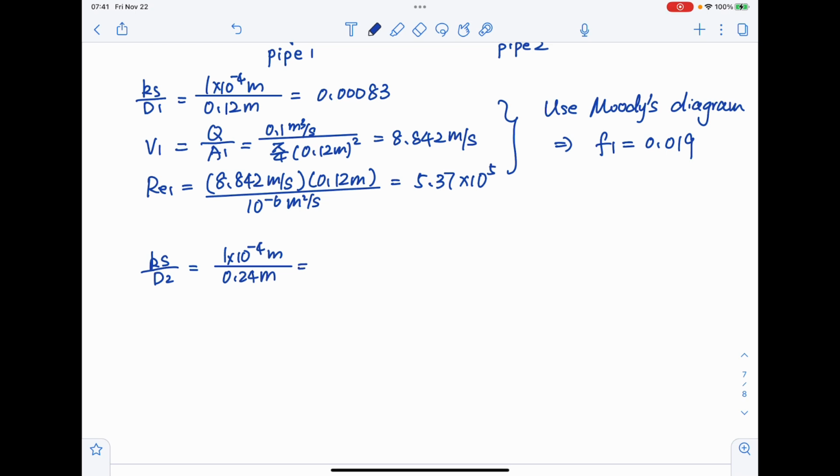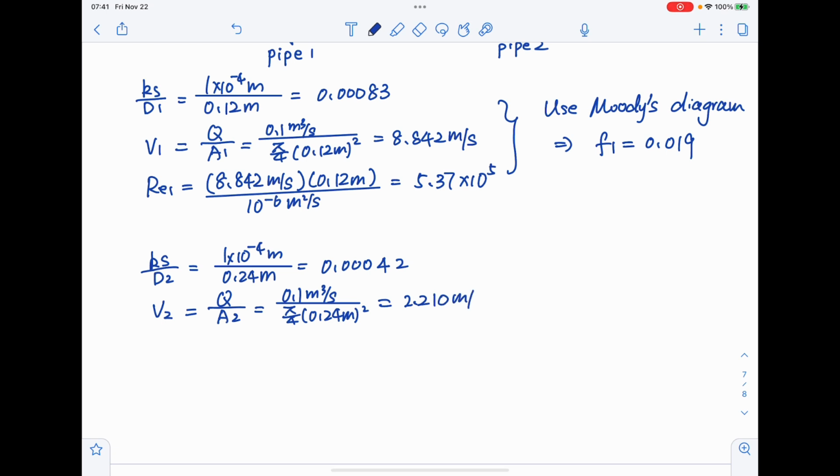The relative roughness is 0.00042. V2 equals Q divided by A2, which is 2.2 meter per second.